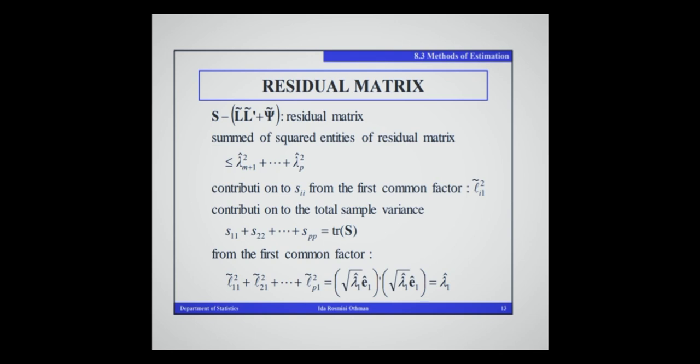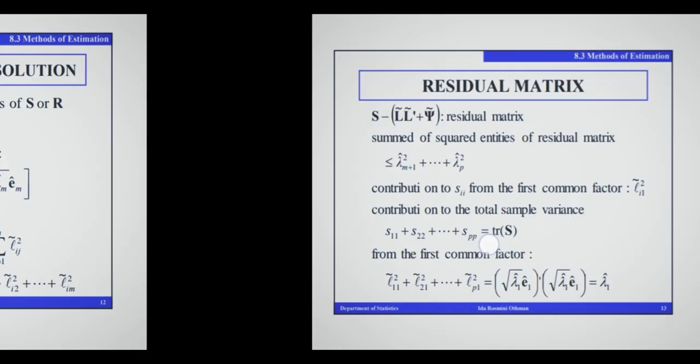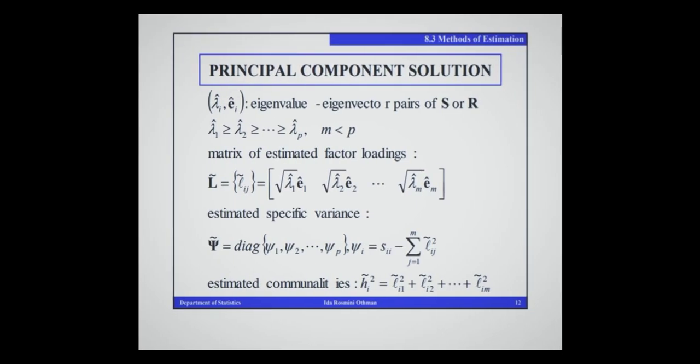Okay, and then you should also know that when you add all the L square tadi nak cari commonalities, L I1 square plus L I2 square sehingga L IM untuk nak cari H1 untuk setiap variable.